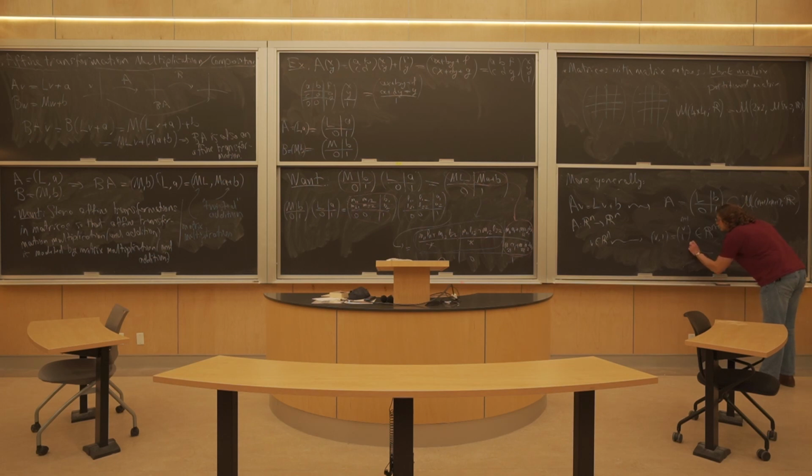Okay? And likewise, people also call this the matrix of the affine transformation in homogeneous coordinates. Okay?